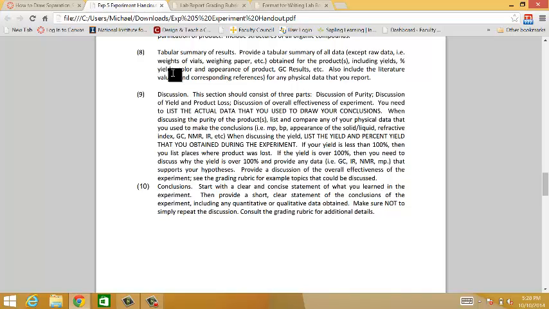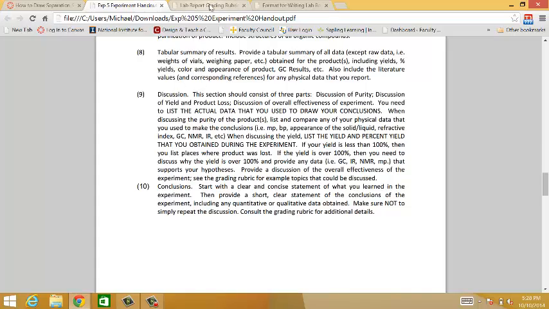So if you report that your melting point was 50 to 51 degrees, I would like to immediately see what the literature value is so I can see how close you are. So make sure you include the literature values for things that have literature values.